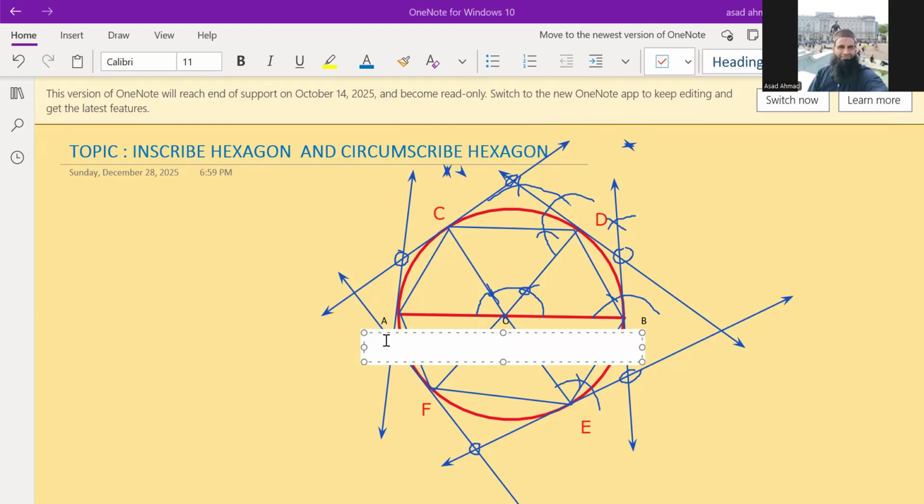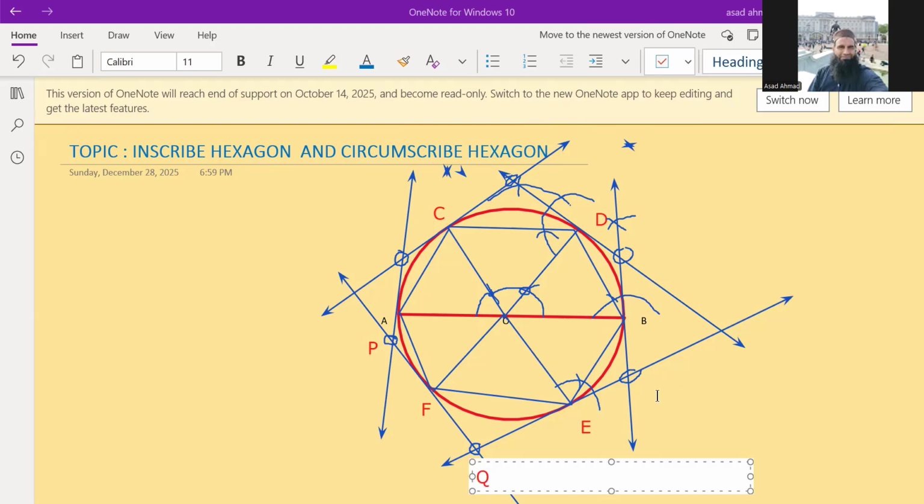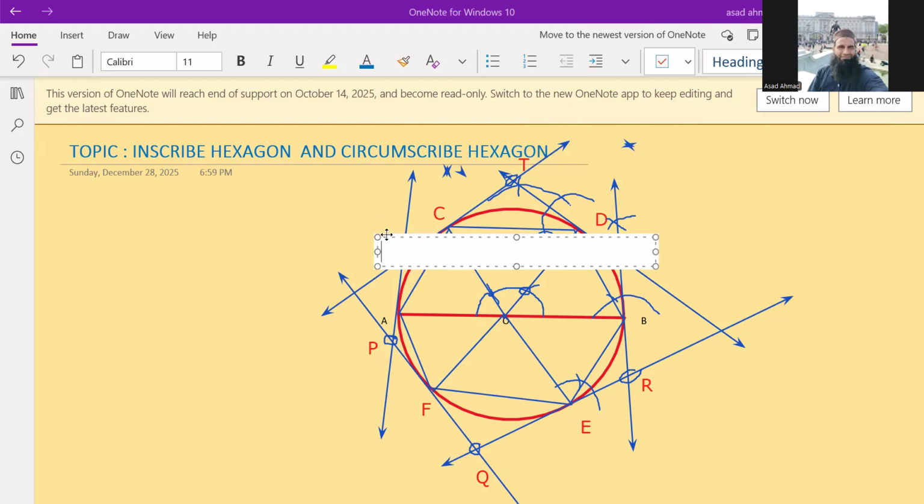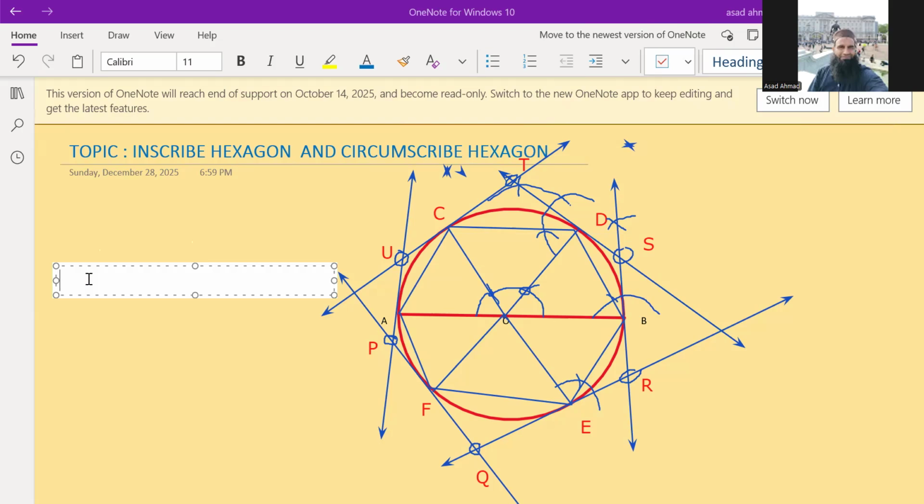For example, this point will be labeled, you can start from P, this is point Q, this is R, this is S, let's suppose this is point T, and this is point U. So on the left hand side, I'm just writing that the outer hexagon is labeled as P, Q, R, S, T, and U. It is a hexagon.